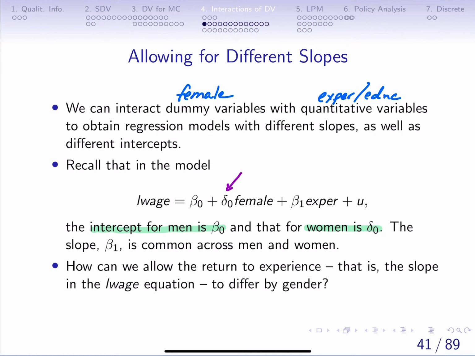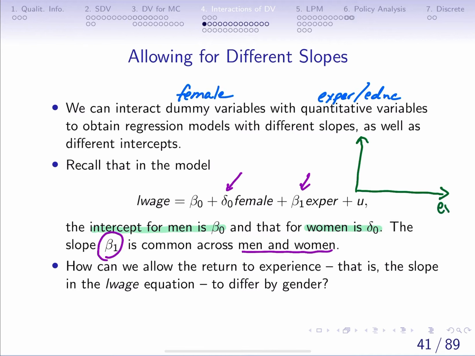But since we have introduced experience, beta 1 is capturing the returns to experience, but that is common between men and women. And you might have reason to assume that the difference between men and women in terms of salaries actually reduces as both groups gain more experience.